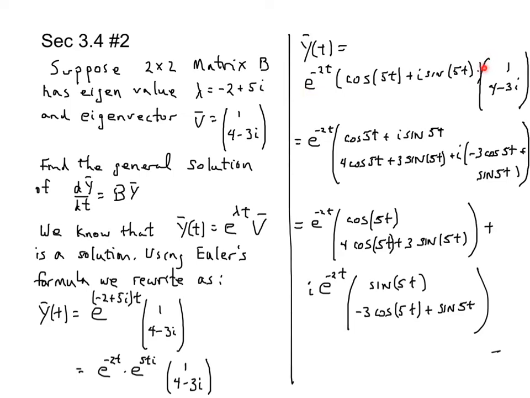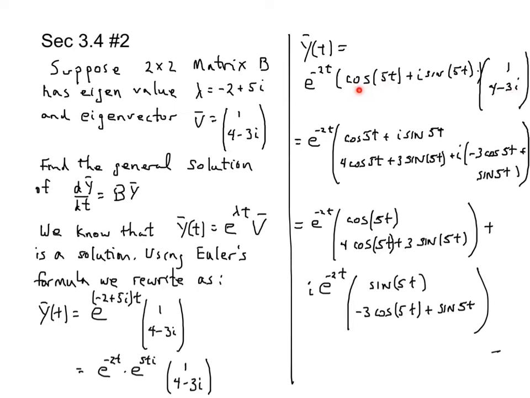This is being multiplied by our eigenvector, and you can think of this in a way as a scalar. It's a complex number, but this term multiplies both components of this vector. When we multiply the 1, we just get cosine 5t plus i sine 5t back again. When we multiply this times the complex number 4 minus 3i, we have to do some foiling.